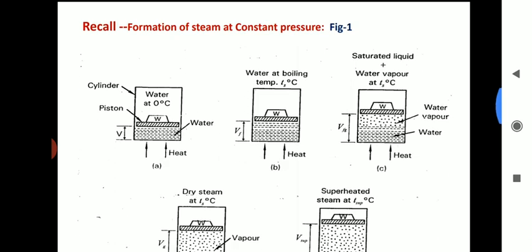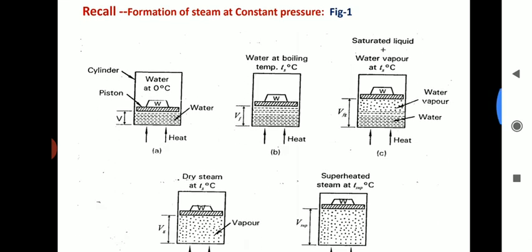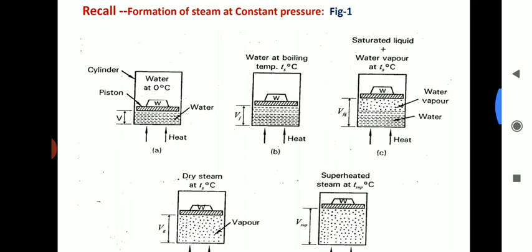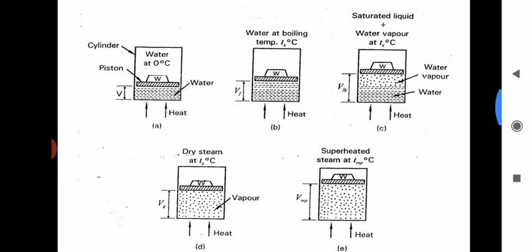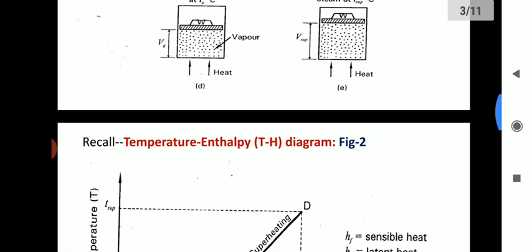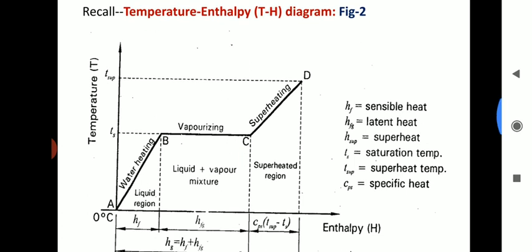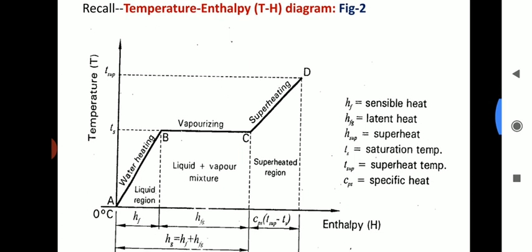So just recall what we have studied in the formation of steam. These are the different stages of steam formation, and these stages are represented with the help of the temperature enthalpy diagram.